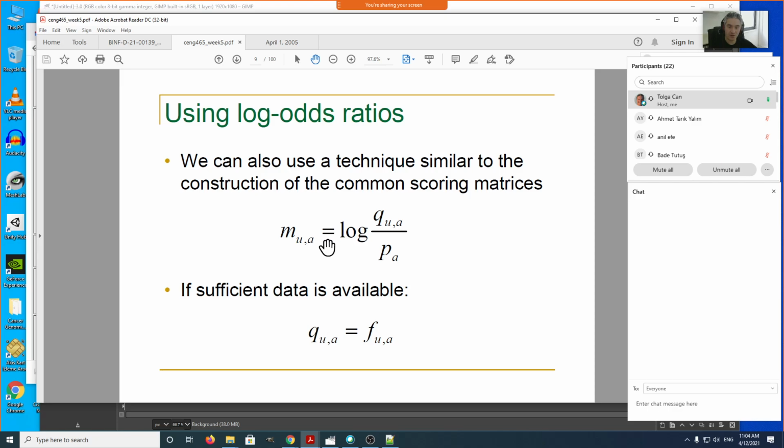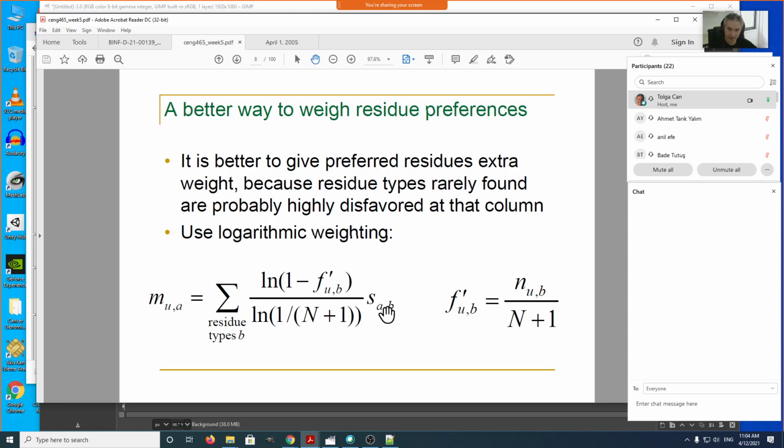Then why don't we also use log likelihood to compute the match-mismatch scores instead of referring to the scoring matrices directly? In all the previous cases, there's a term that says SAB, and here also. This is the actual scoring parameter we used, whether this SAB is referring to the BLOSUM 62 matrix or PAM matrix or nucleotide match-mismatch scores.